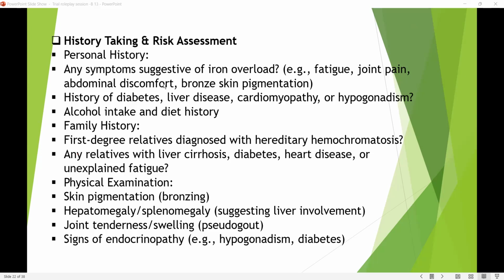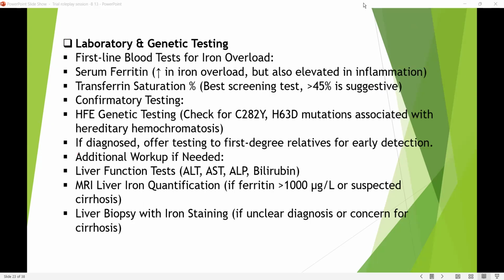For genetic risk, you can say that it's an autosomal recessive condition. As your father has this condition, may I know whether your mother also has this disease or not? If not, then your chances would be like 25% that one of your siblings will get it.